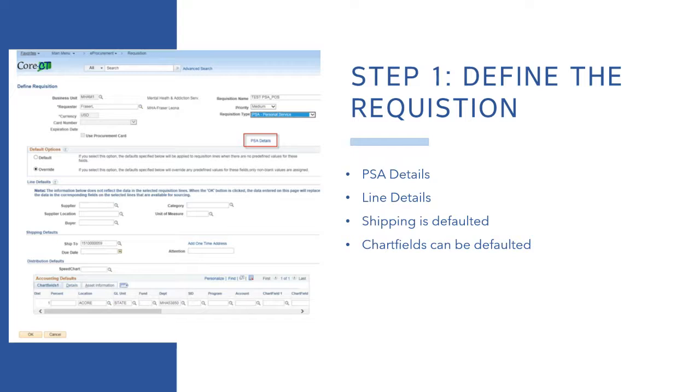I'm just going to go over a brief review of how to submit a requisition. It's basically 3 steps. The first slide here is step 1, where you define your requisition. One of the most important things is your requisition name so that you can find your requisition later on, or the budget and finance folks can locate your requisition easier when they go to manage rec if they're looking for it.